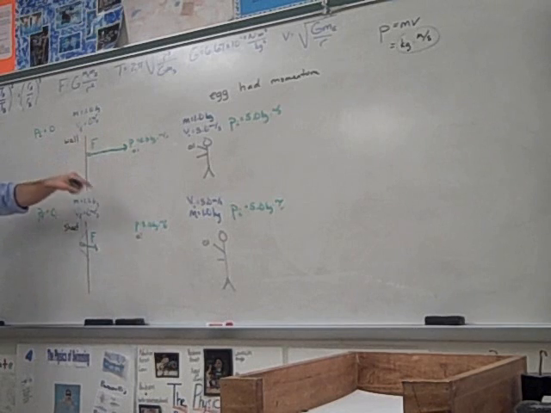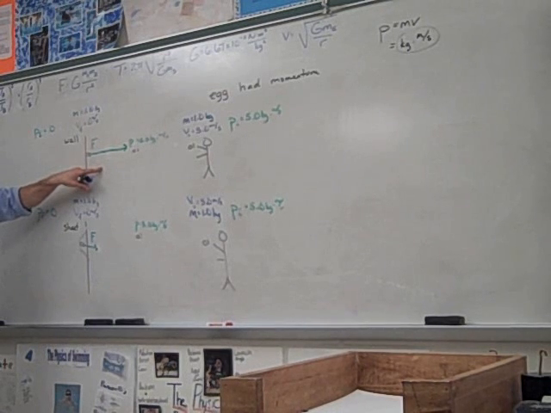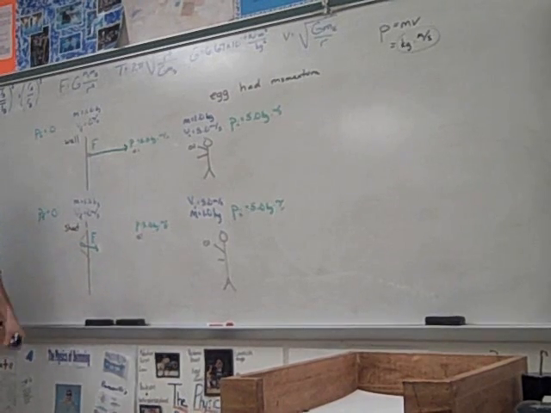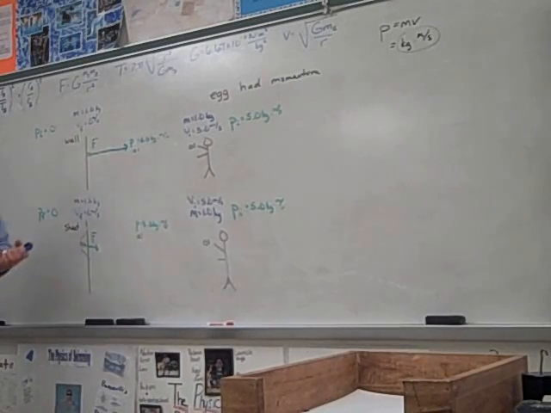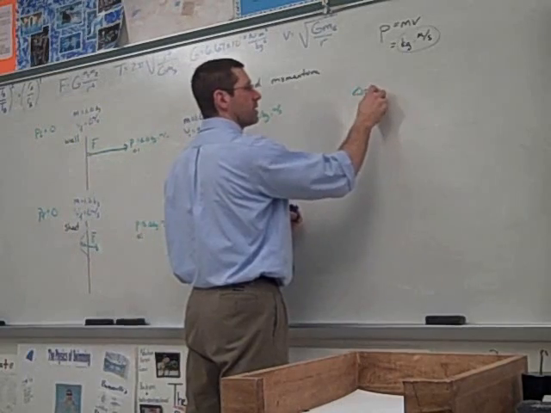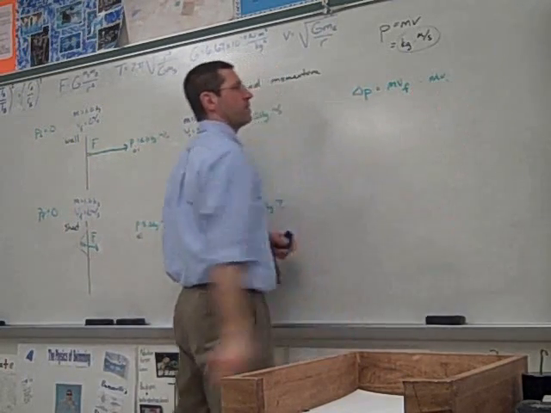Which egg had a greater change in momentum? The top one? What does that mean? Neither. Neither, right? They're the same. What is the change in momentum in both cases? Let's look. Momentum change, delta P, would be final momentum minus initial momentum.